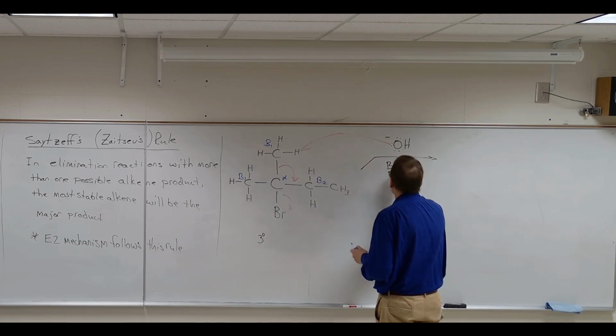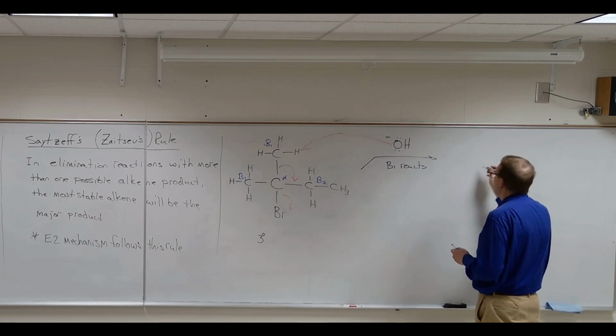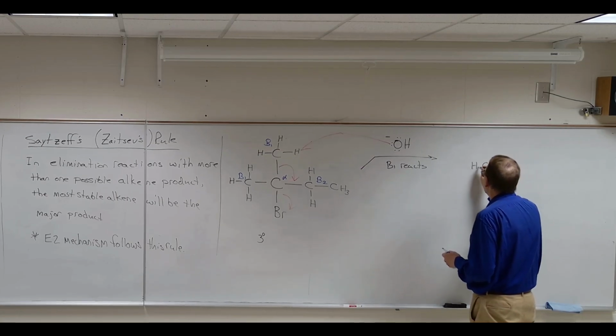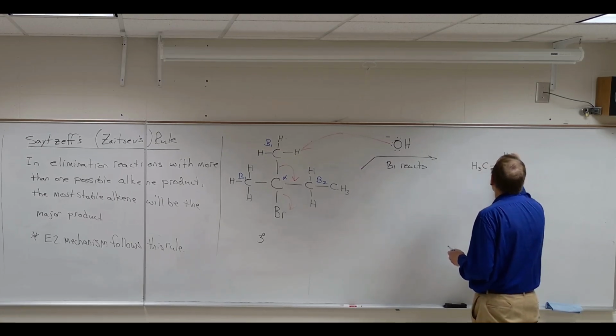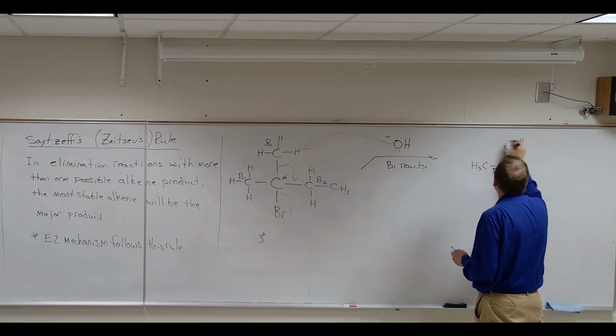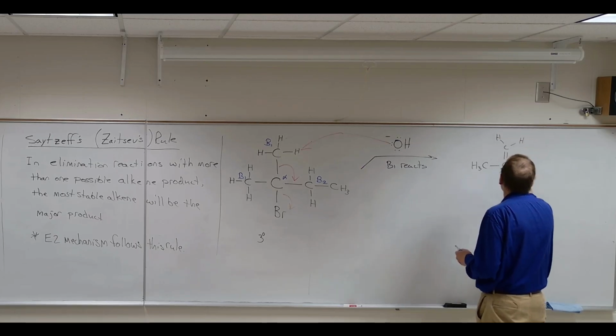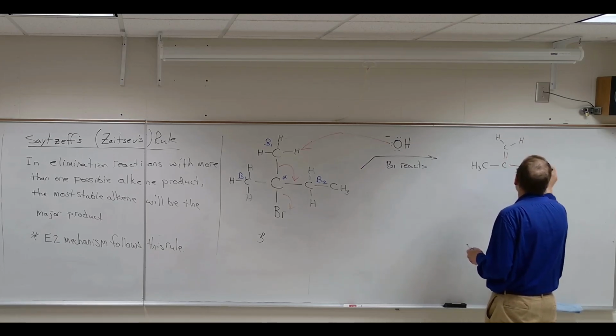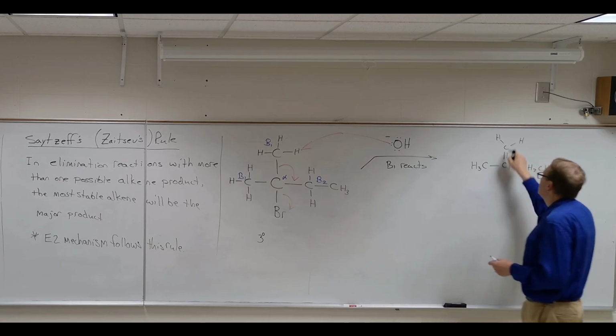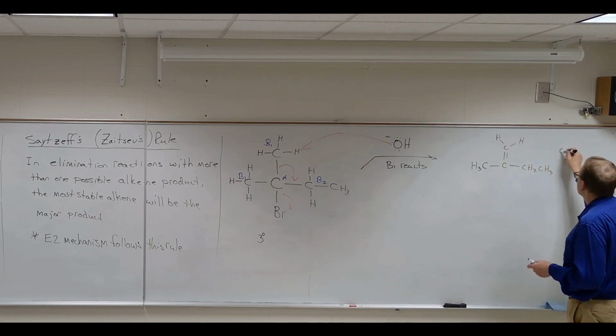So beta 1 reacts. You're going to get out this alkene where we've got a double bond between these two carbons, and this is disubstituted.